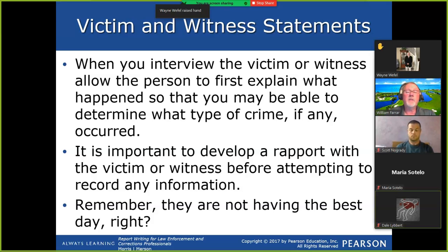With the suspect, it's definitely important to develop a rapport with that person, just like with a victim or a witness, and let them talk for a minute. And for victims and witnesses, it's always better to ask them, hey, tell me what happened, and let them give you a 3 or 4 minute rundown. And then you can go back and clarify a lot of those statements.